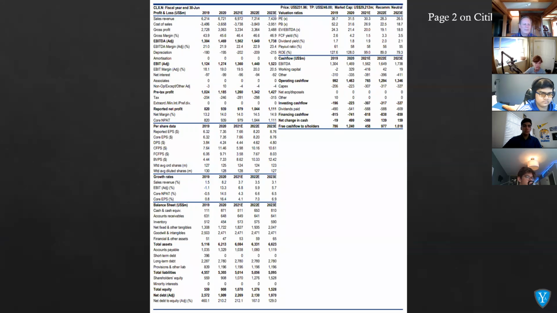And you'll often see price to earnings if you look at stock quotes in the newspaper or the internet. This is the most fundamental piece of information that the stock quotes often include. You can see here the price to earnings in 2019 was 36.7.